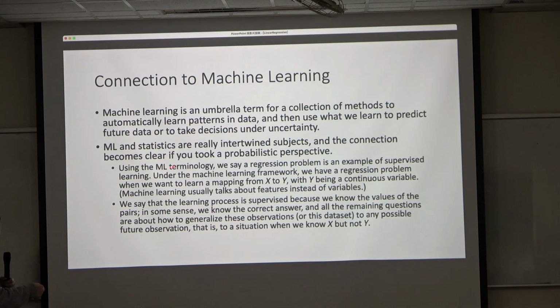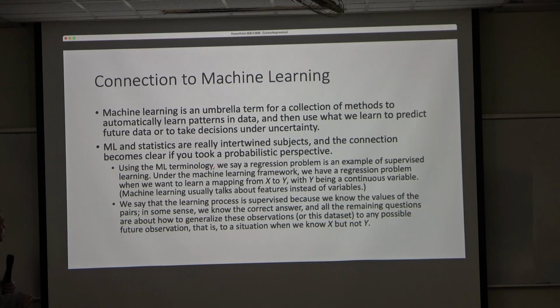So using machine learning terminology, we can say a regression problem is an example of supervised learning. Under the machine learning framework, we want to learn a mapping from X to Y, with Y being a continuous variable.